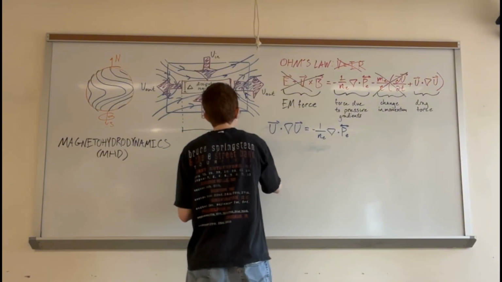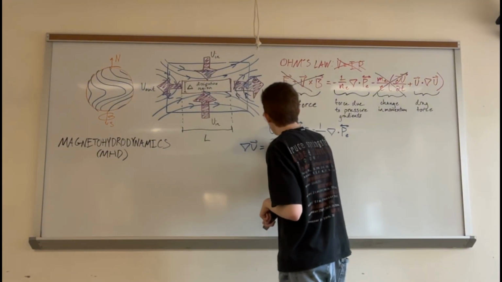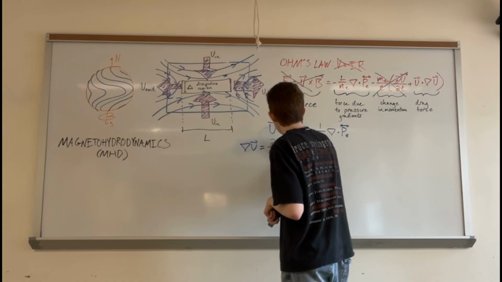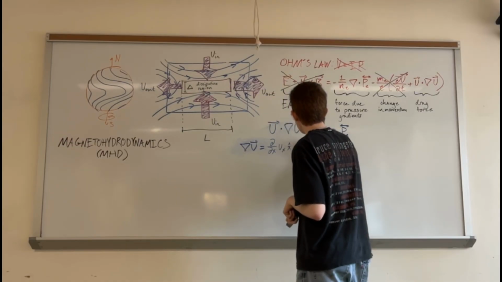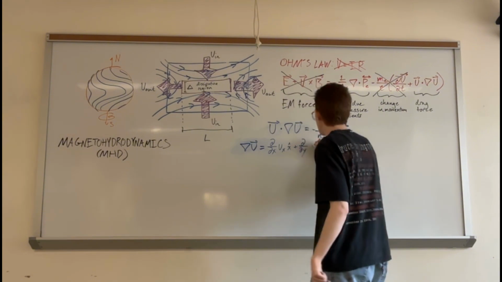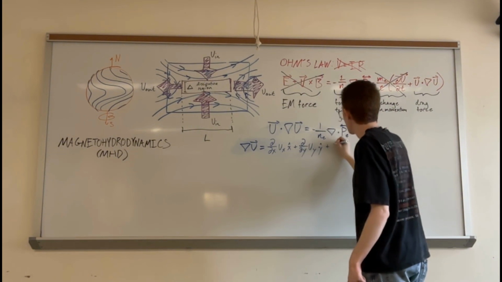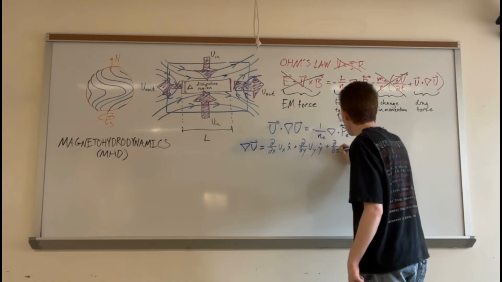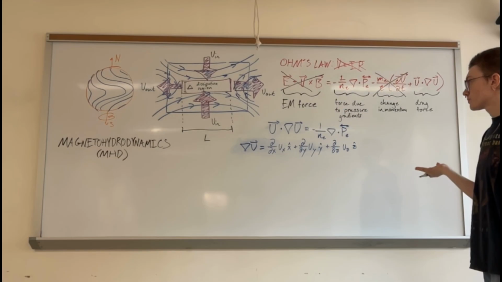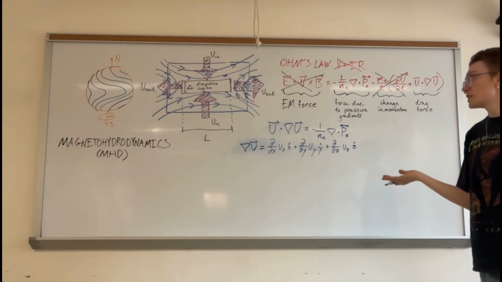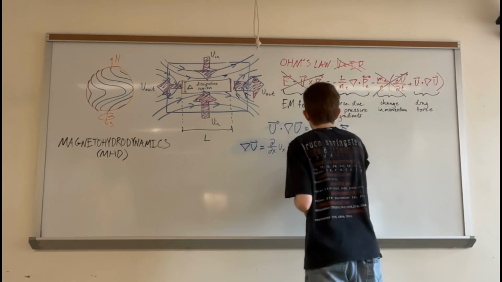So gradient u, what is that? Well, that's just d/dx of u times x hat plus d/dy of u times y hat plus d/dz of u times z hat. Okay, but we only have velocity in the x direction, so we can just get rid of these other terms entirely.